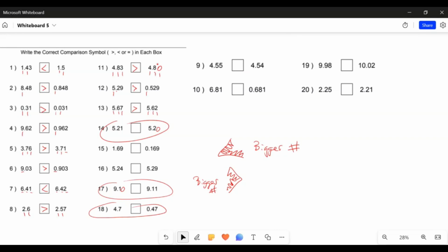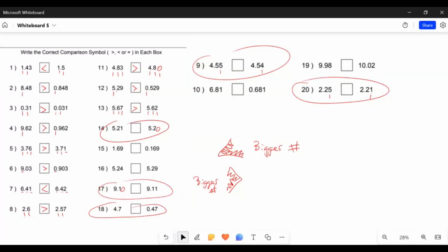So that's there to throw you off. This one's close. It only comes down to that second decimal place. This one's kind of close. Comes down to the third decimal place. So you're right, none are equal. None of those are equal.